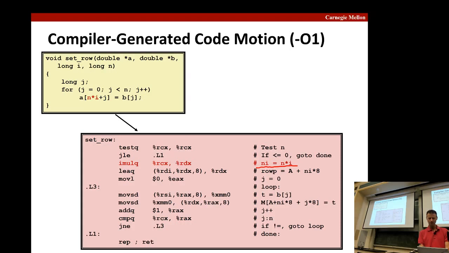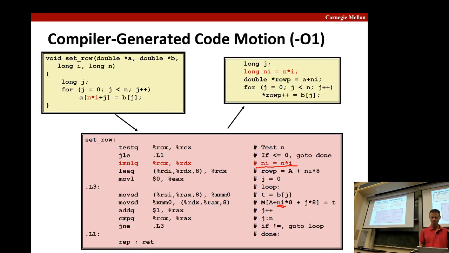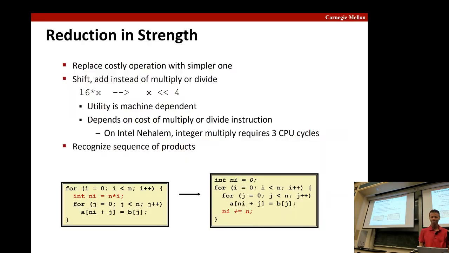We go into this loop, we do this multiply, we compute this address, and then we go inside the loop. You can see that it's using the ni that's pulled out from inside the loop. That's equivalent to having changed the C code as shown there.